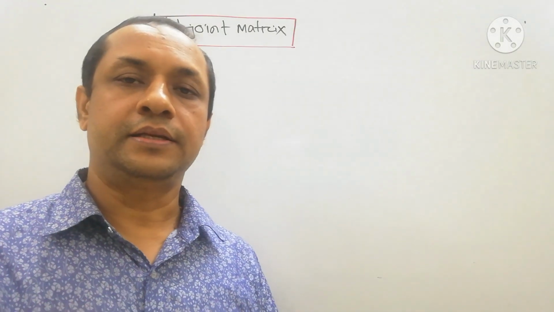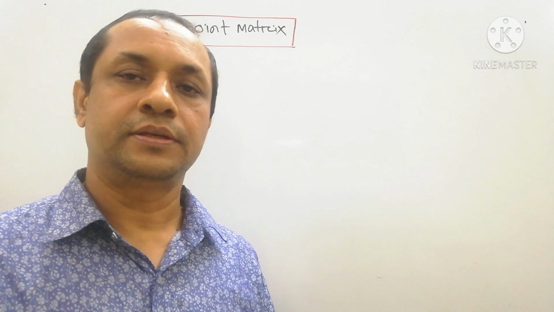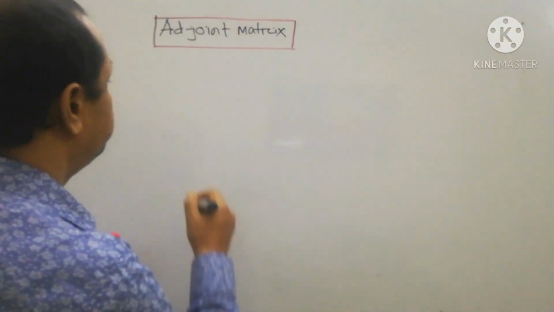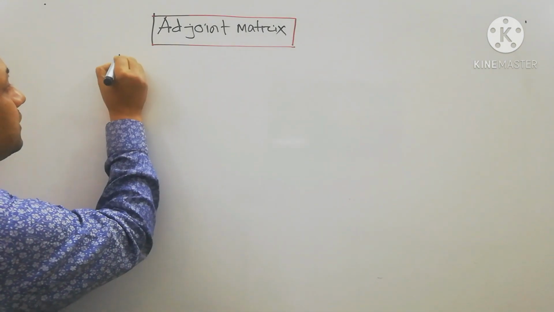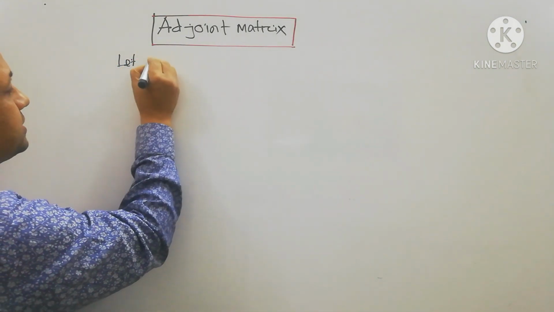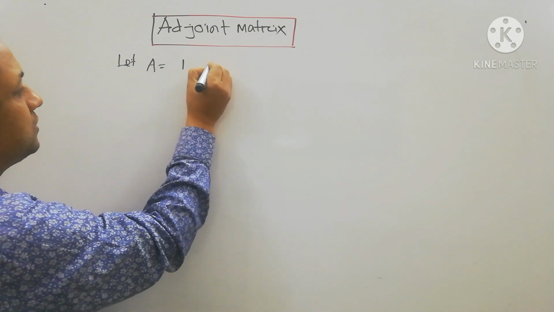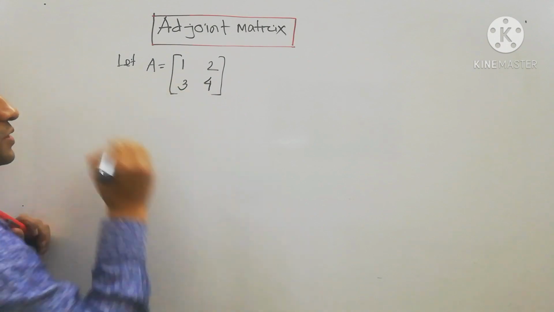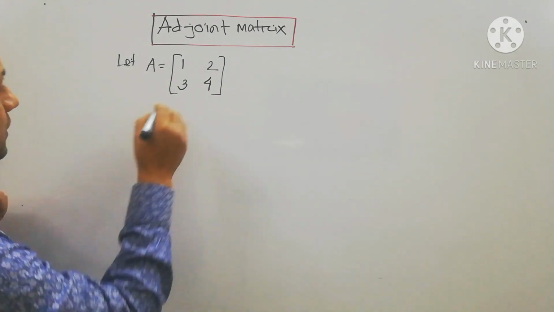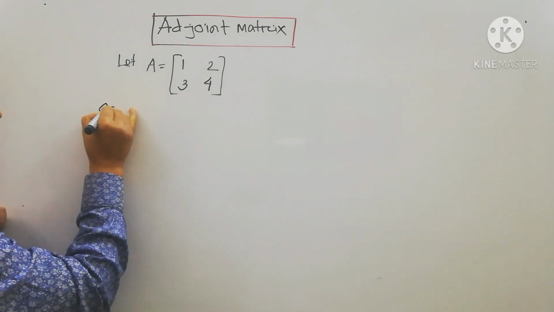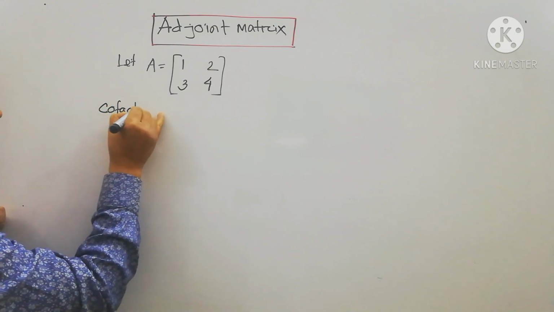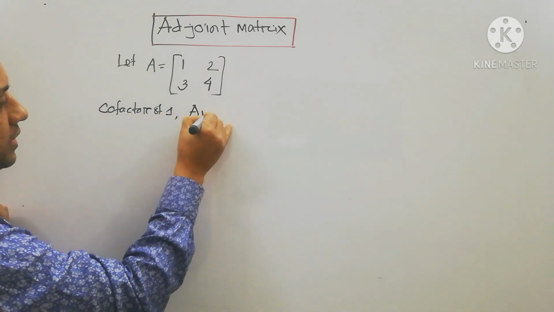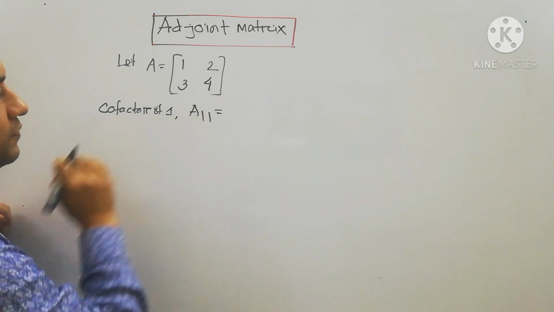Students, another example of the adjoint matrix. To find the adjoint matrix, let matrix A equal 1, 2, 3, 4. Find the adjoint matrix. Now the cofactor of 1 is denoted by A11, first row and first column.